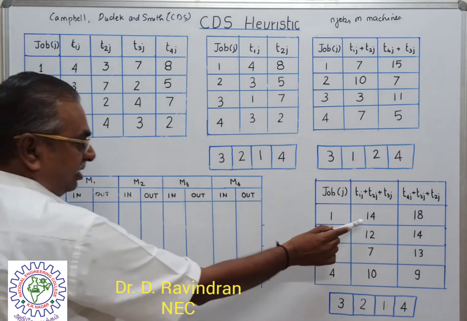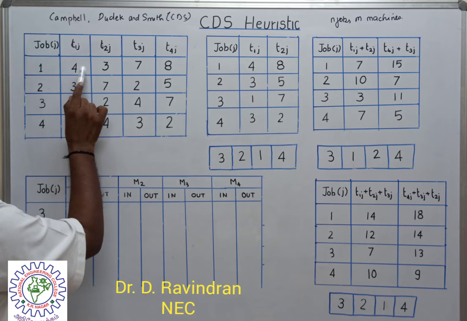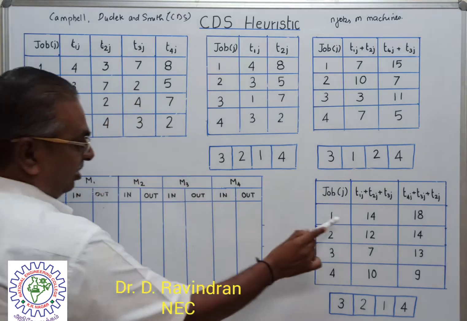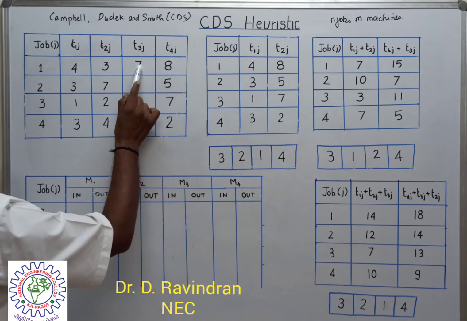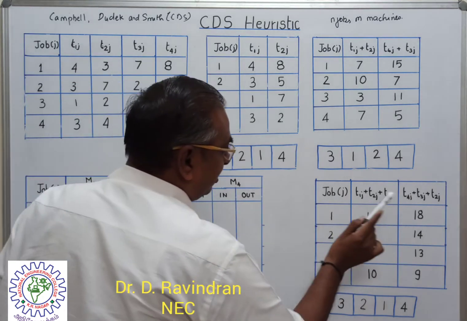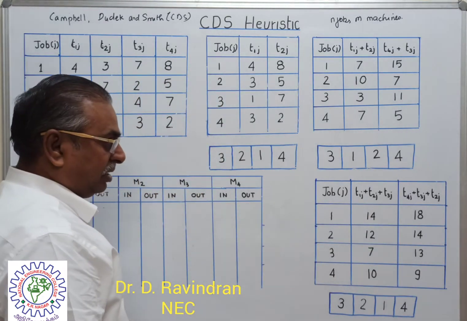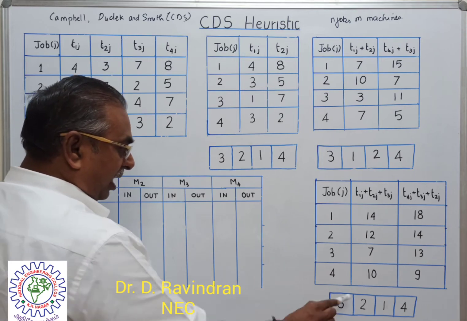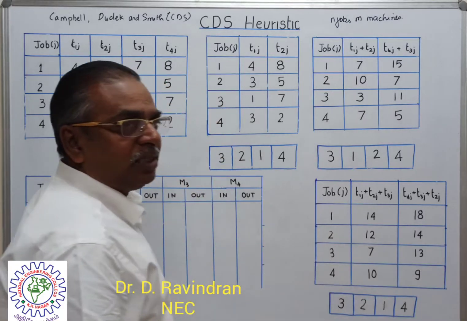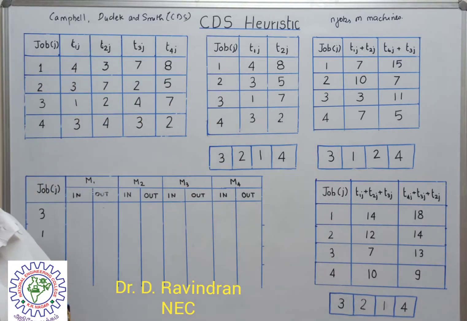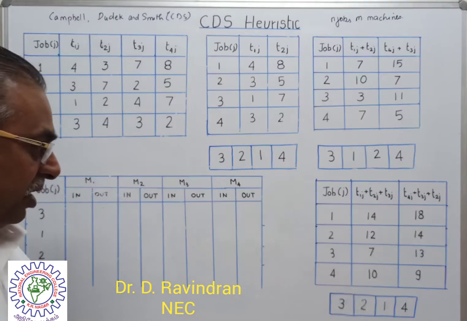In this table, 4 plus 3 plus 7, that is 14, is the processing time of the first imaginary machine for the first job, and 8 plus 7 plus 3 is 18 hours for the second imaginary machine. Likewise, we form a table and find the sequence based on Johnson's algorithm, just like the previous method.